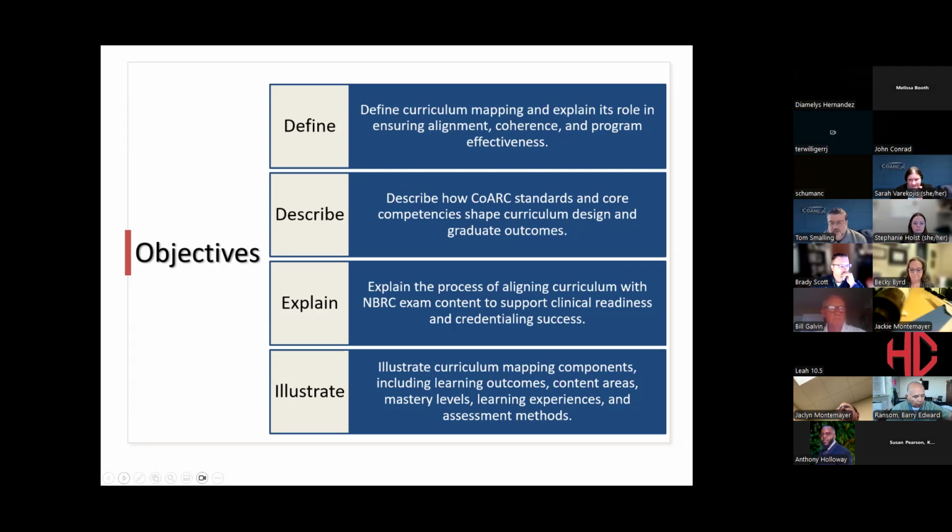I just want to also say, and Sarah will probably say the same thing, we could spend so much time talking about all these things that we're going to cover. COARC does have plans to do more of these types of presentations that focus on the standards, more collaborative efforts with the NBRC, more helpful documentation.